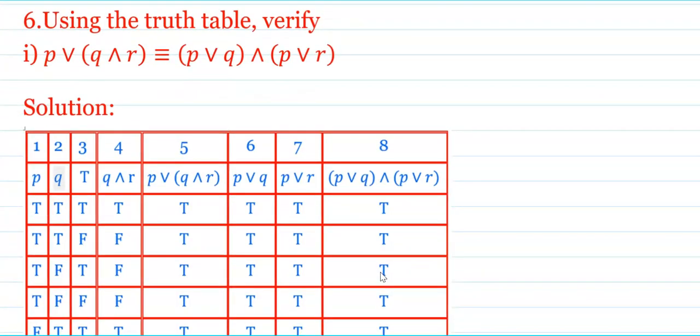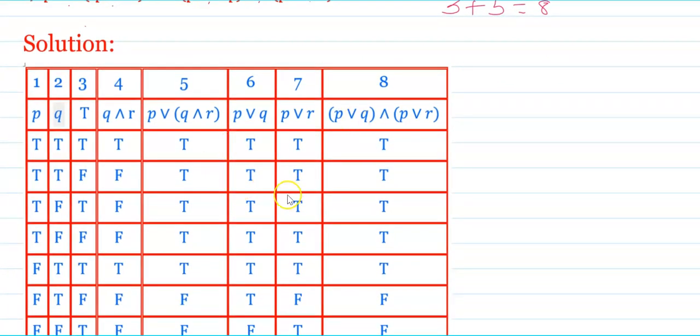Now the next, question number 6. Using the truth table, verify. Here we have to show that they are equivalent. Now see this. How many columns will there be? P, Q, R, that is 3, and the connectives are 1, 2, 3, 4, 5. In total there are 8 rows.